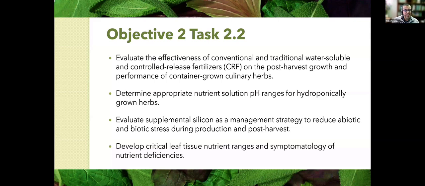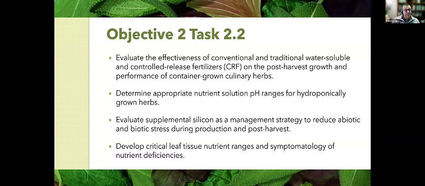We're also going to look at the appropriate nutrient solution pH ranges for hydroponically grown culinary herbs, looking at silicon and calcium to see how they might affect post-harvest shelf life.